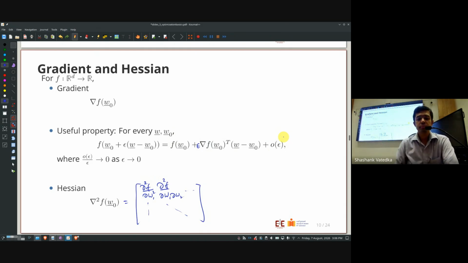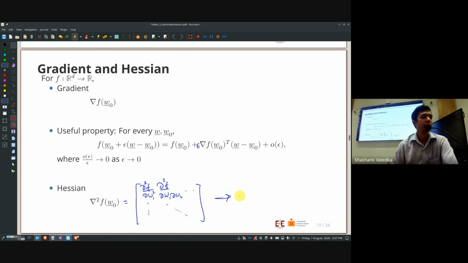Okay. So the Hessian, which I'll denote as ∇²f of w0, is now a matrix. And this is basically the derivative of the gradient. It's the d-dimensional analog of the second derivative. What can you say about the Hessian in general?